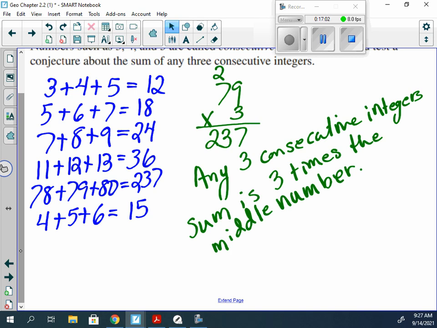But could there be a chance that there's one out there somewhere I didn't test that does work? Yeah. So we would have to do it using variables. I've lost the name, but I think it's the n plus 1 proof.